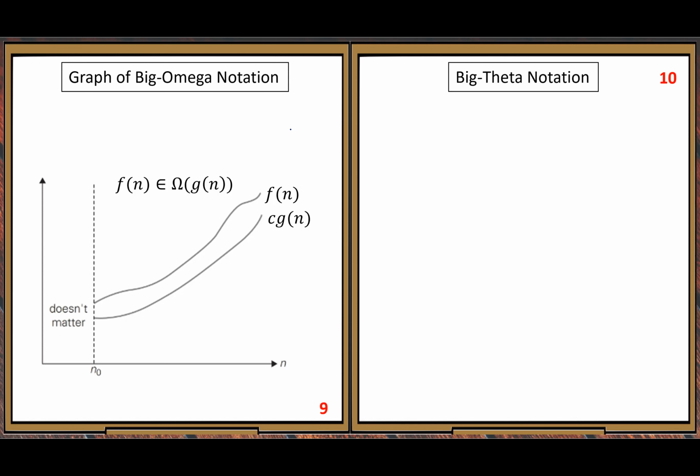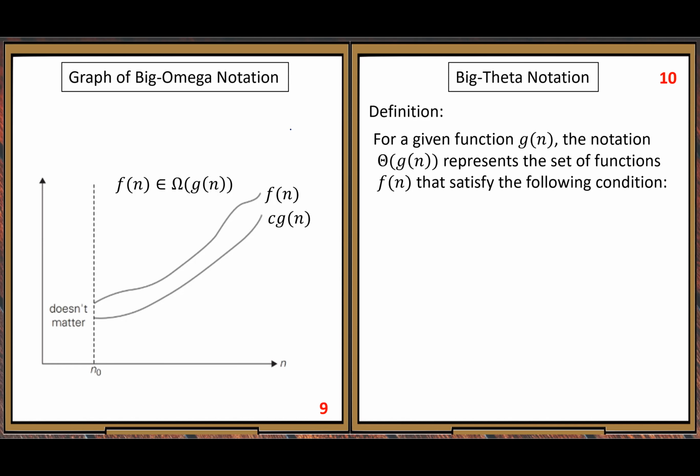Big theta notation. This time, think about it: we have an upper bound, we have a lower bound. How about we put both the upper bound and lower bound together, right? Big theta: upper bound and lower bound together.